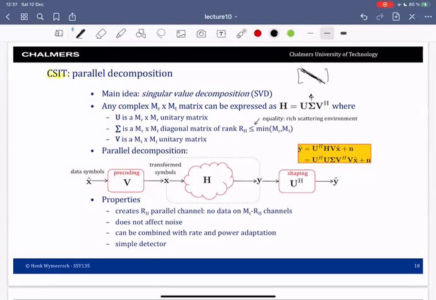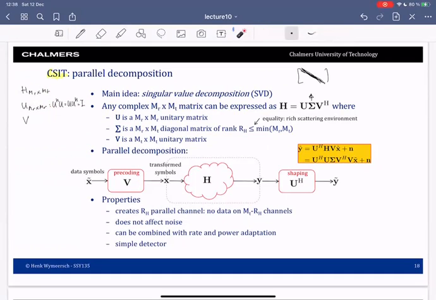So let's see. H is MR by MT. Then U, which is at the beginning, should be MR by MR. And U is a unitary matrix. So this means that U Hermitian U is an identity matrix. So you can interpret U as a kind of rotation in a high dimensional space.